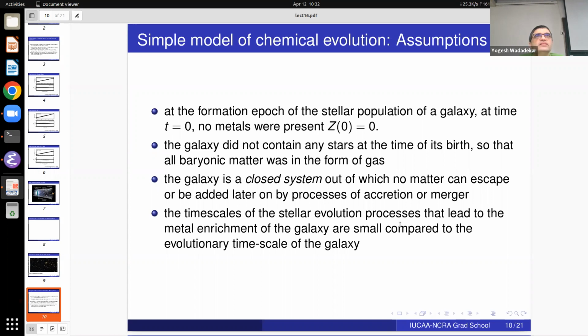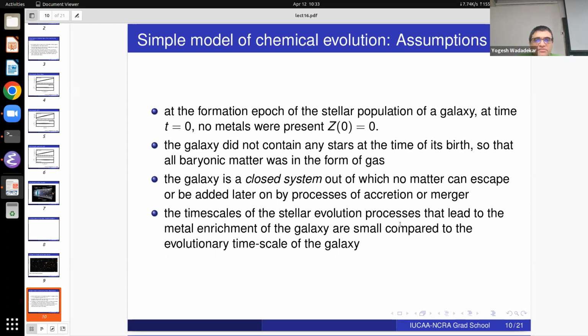This obviously is an incorrect assumption because we know that there is accretion and merger happening, and there's also stuff flowing out of the galaxy due to AGN and supernovae. So this is a wrong assumption, but as we shall see later, this is still useful to do a calculation based on this closed box model.